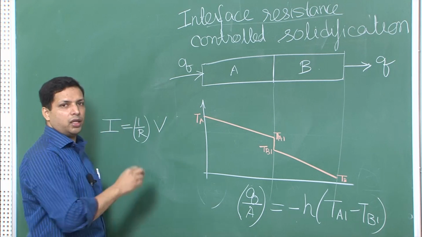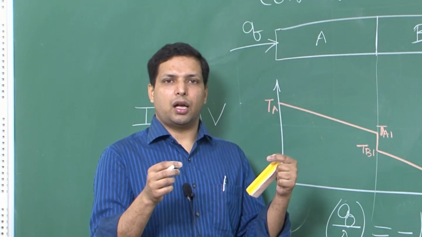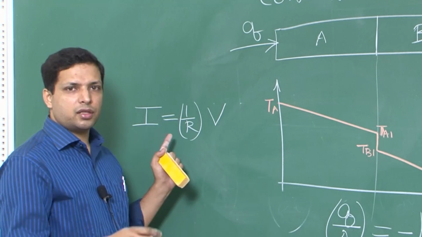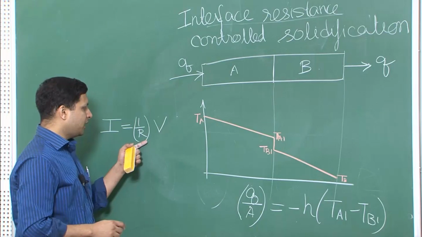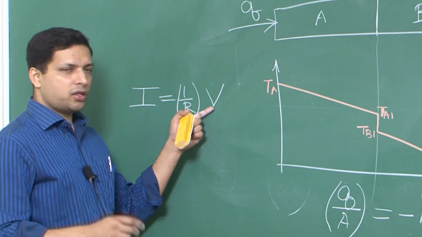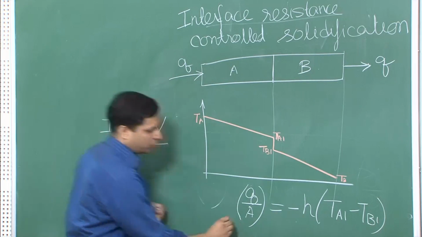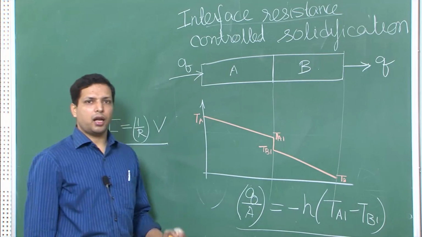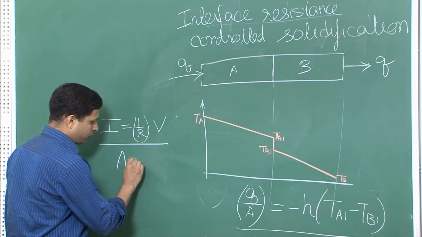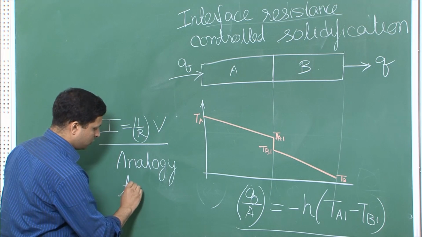So if you have a current flowing through a resistance, then the current flowing through the resistance is the same, it is constant, and the relation between the voltage drop across the resistance is given by this relation, and this is similar to what we are getting over here, and that is why there is an analogy to current flow.